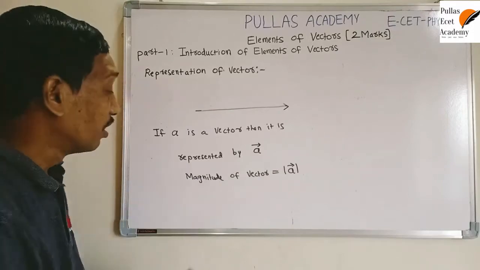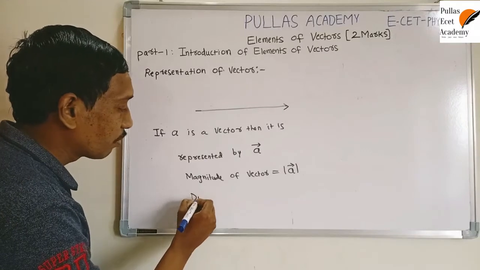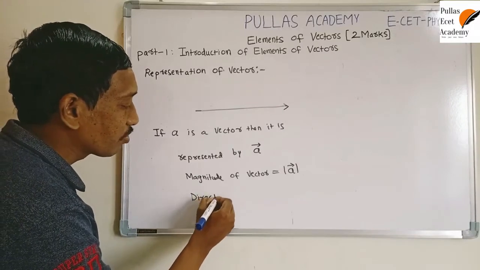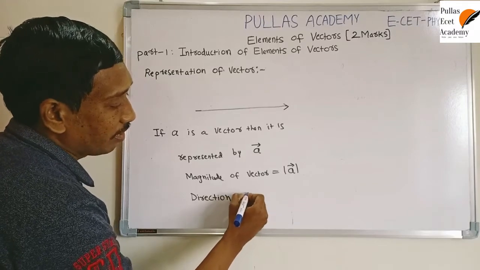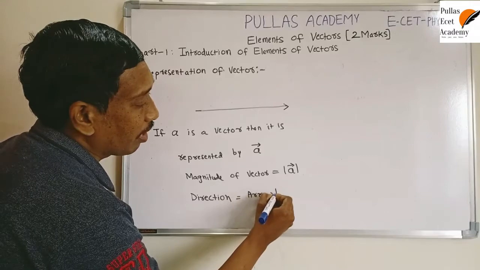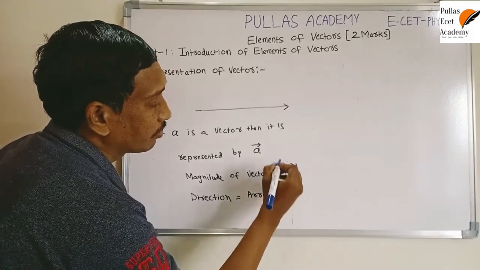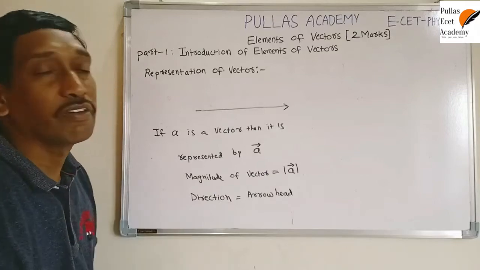Next, the arrowhead indicates the direction. So here you want to understand the direction of the vector. The arrowhead represents the direction of the vector.